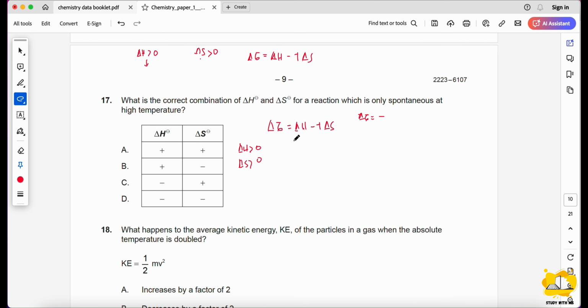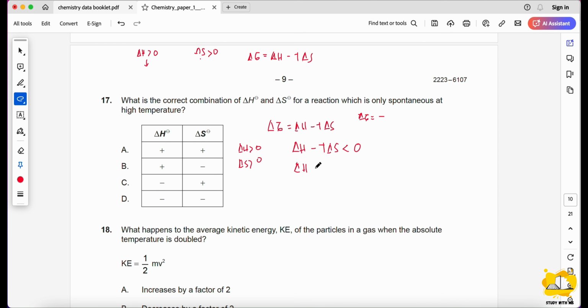So if we write down the equation, delta H minus T delta S should be smaller than 0, because it should be negative.